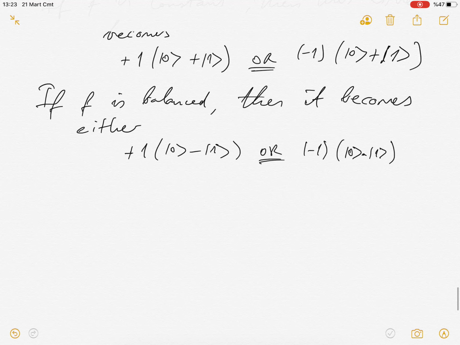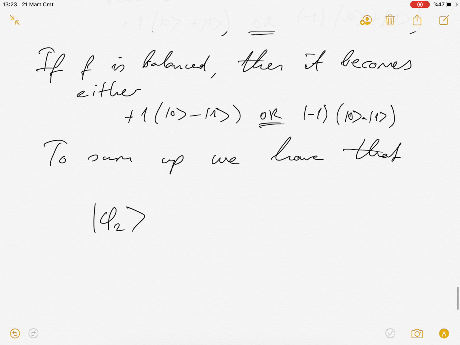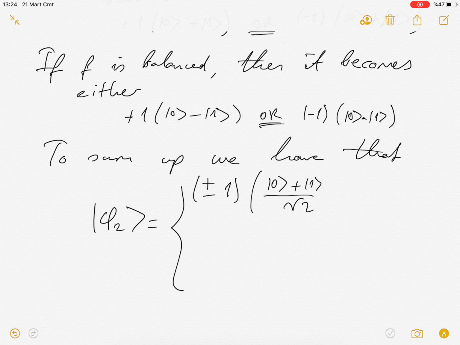So let's sum this up. To sum up, phi 2 will be either plus minus 1 times (ket 0 plus ket 1) divided by square root 2. This is our first qubit, and the second qubit will be (ket 0 minus ket 1) divided by square root 2 if f is constant.